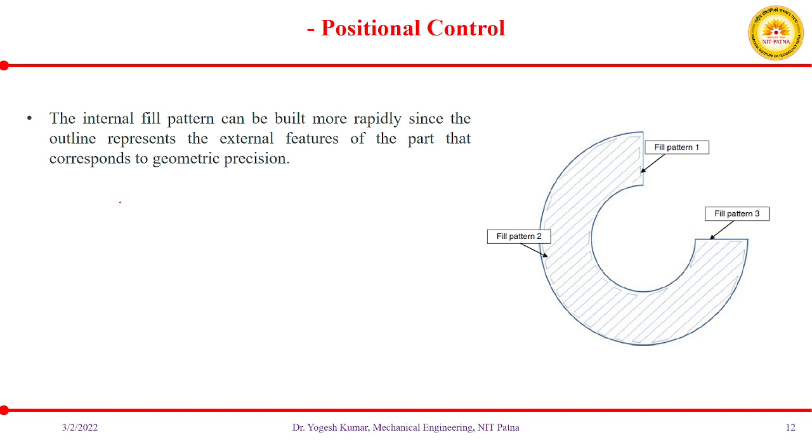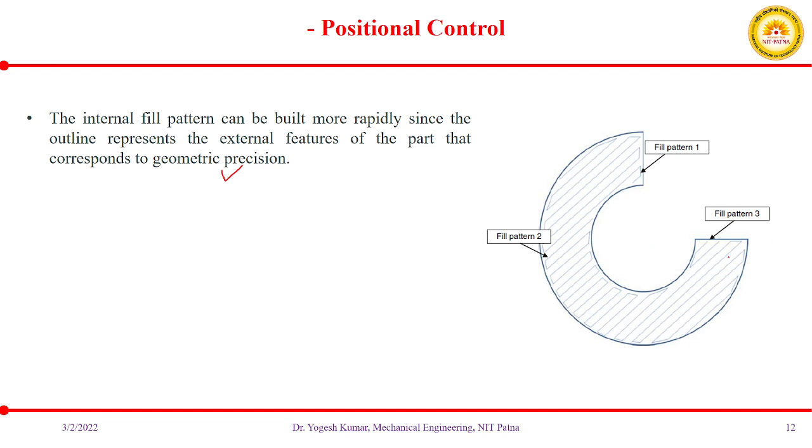the internal fill pattern during the printing of any particular layer. The internal fill pattern can be built more rapidly, since the outline represents the features of the part that correspond to geometric precision.